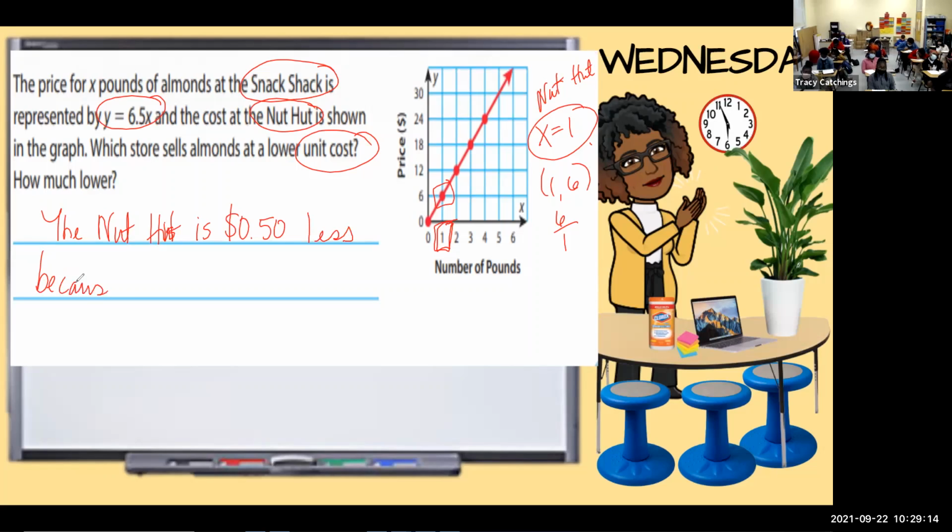Then that'll be where you put your comparison of what told you what store it was. So the Nut Hut is 50 cents less because $6.50 is greater than $6. And you can also add: Snack Shack had $6.50, Nut Hut had $6, and then you subtract. You can put that in there as well.